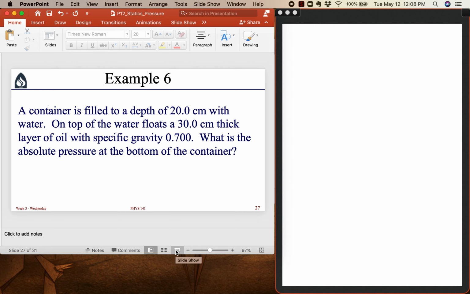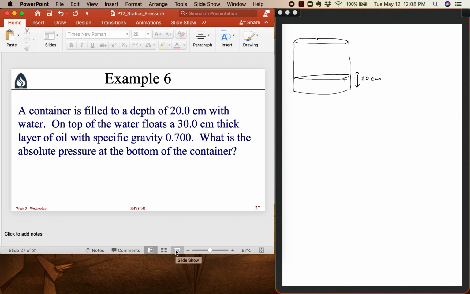So we have this container, and the container has two fluids in it. The first fluid is going to be the water, and we know that it's filled to a depth of 20 centimeters.